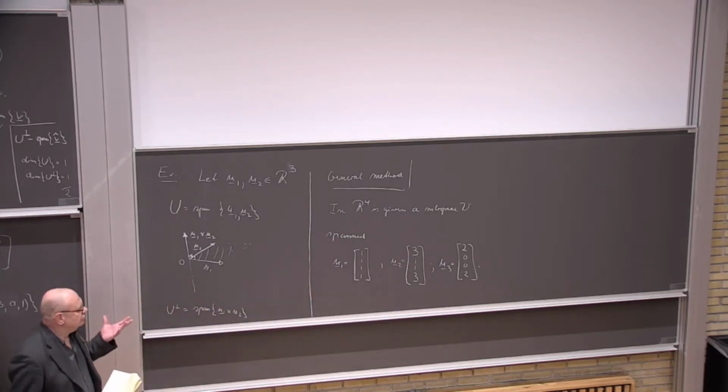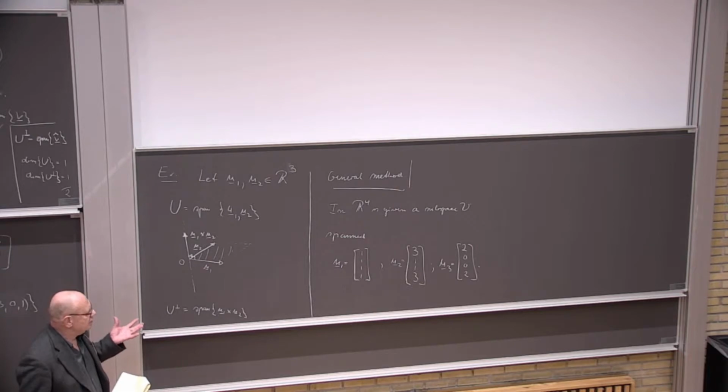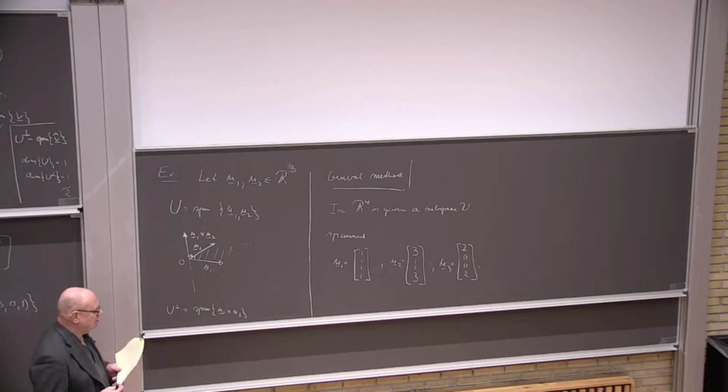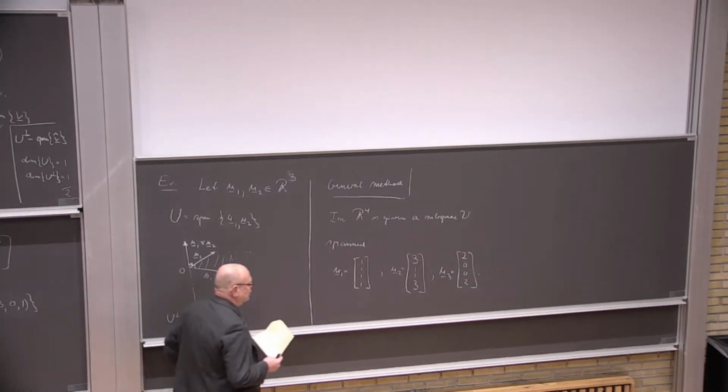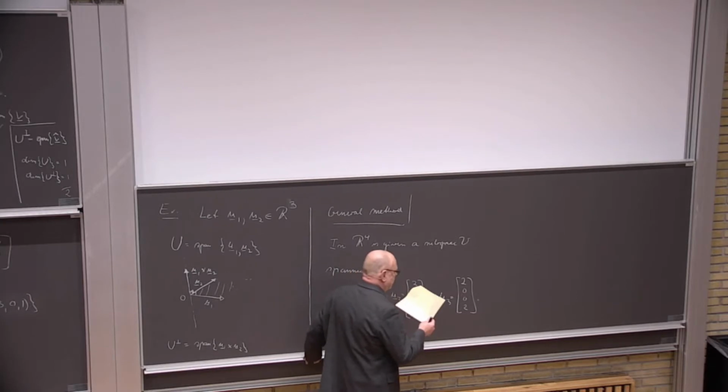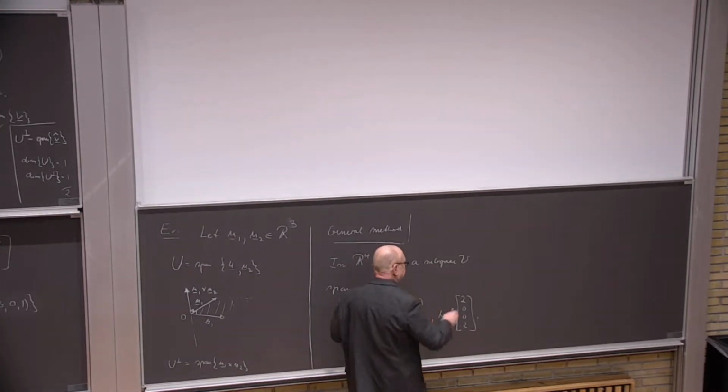So your subspace U is spanned by these 3 vectors, and we are asked to construct the orthogonal complement. So how do we go about doing that?